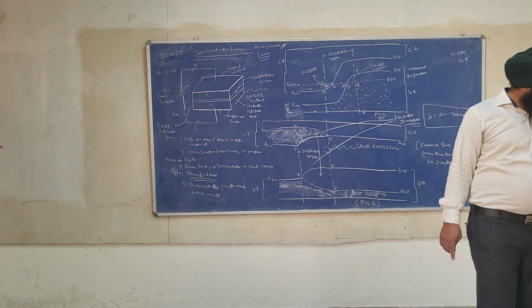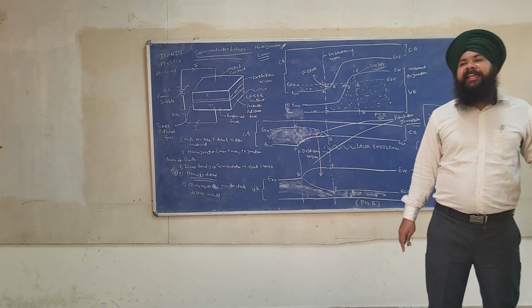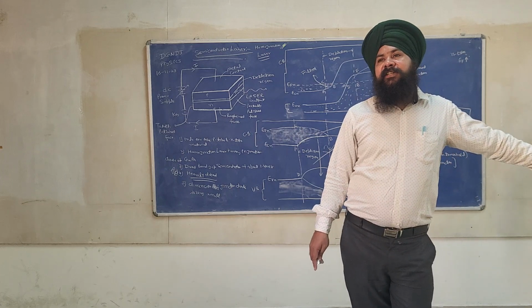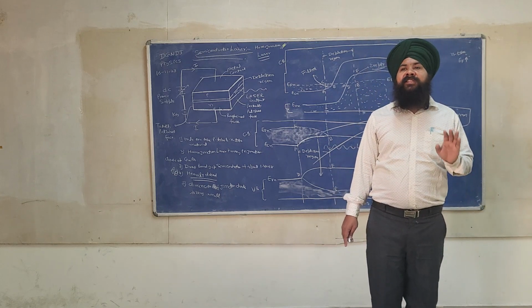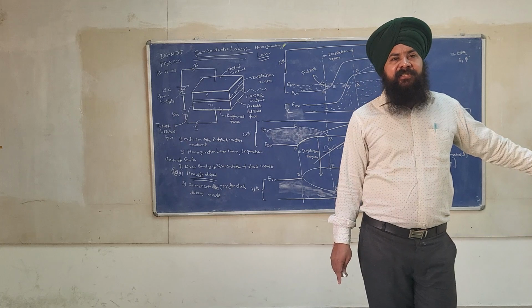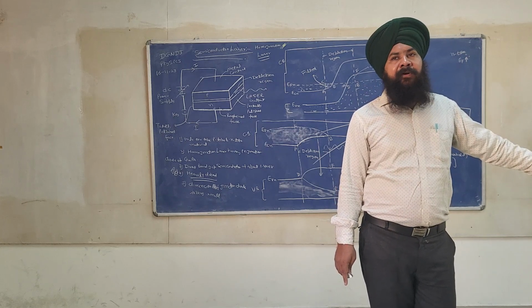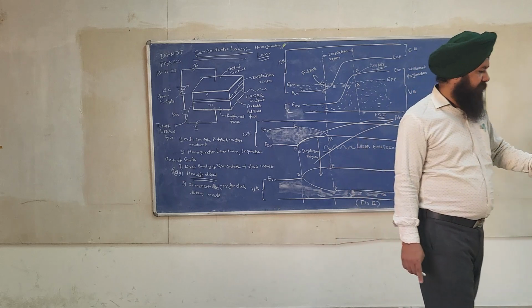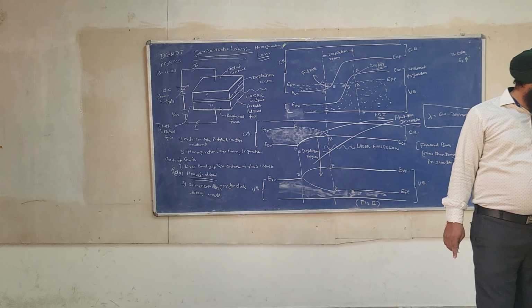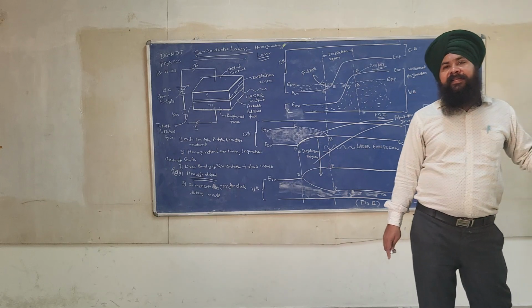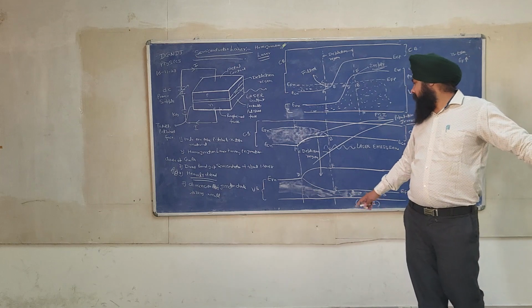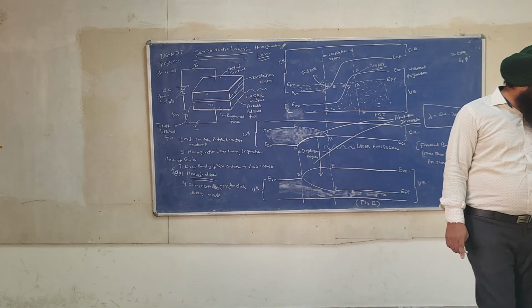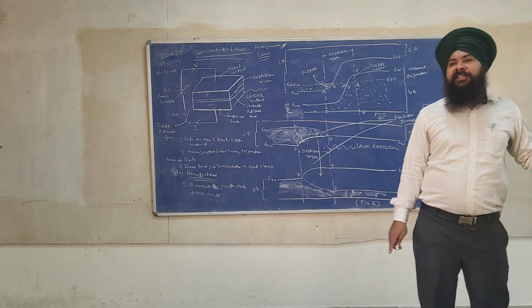Next point. At this stage, the current flowing through the diode is called the threshold current, and population inversion is achieved.